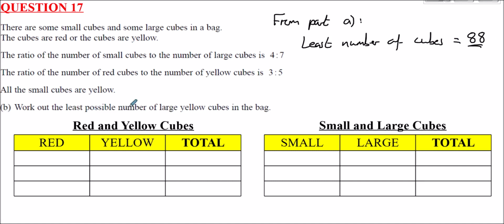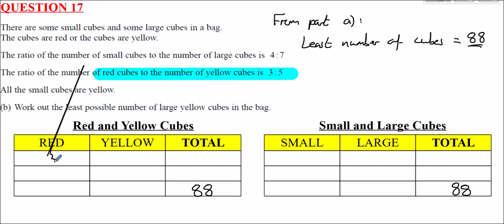So if we want the least possible number of large yellow cubes, that will occur when we go for the least number of cubes in total, which is 88. So we're assuming here the total number of cubes is the smallest possible, which is 88. Now first off, we're told that the number of red to the number of yellow is 3 to 5.